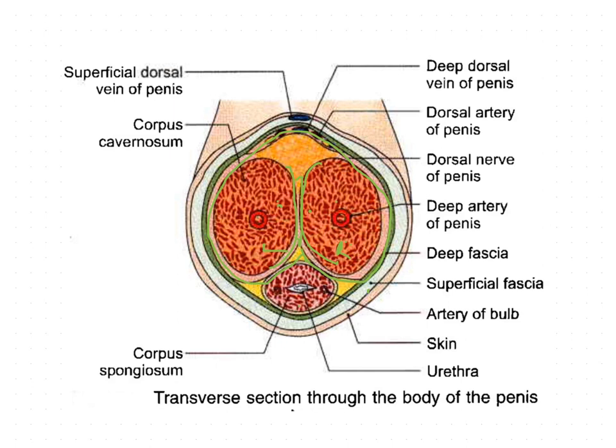So in that also it has a superficial layer and deep layer, and the deep layer is considered here as deep fascia, but it is not actual deep fascia. Okay, so this is the superficial fascia around the body of the penis.